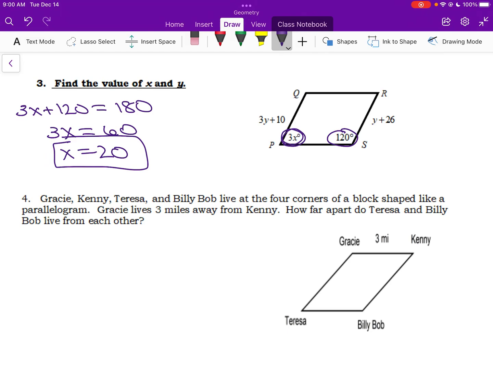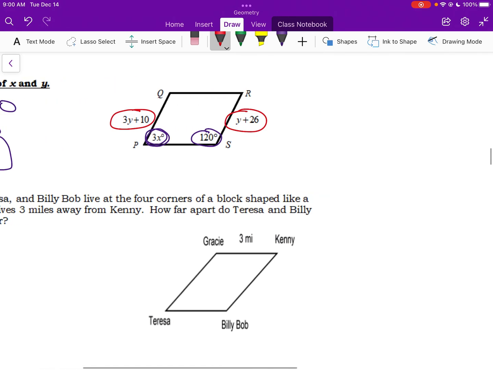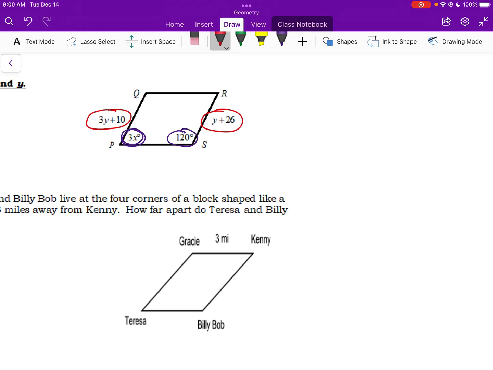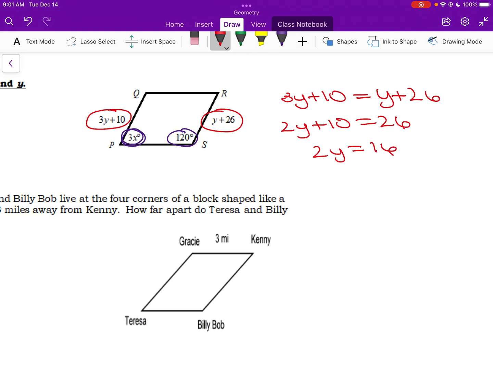And then for y, y pertains to the side measures. The two expressions given represent sides that are opposite from one another, and we know that opposite sides have to be congruent. So 3y plus 10 equals y plus 26. If I subtract a y from both sides, 2y plus 10 equals 26. Subtract 10 from both sides, 2y would be 16. Divide both sides by 2, and y would be equal to 8. There we have it.